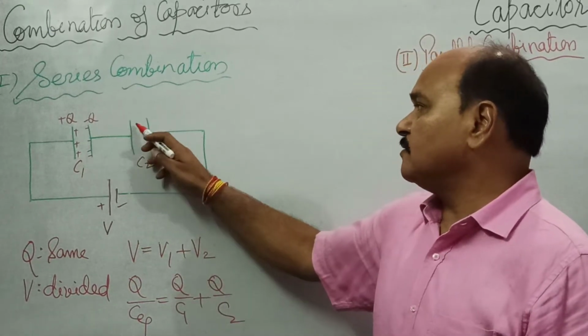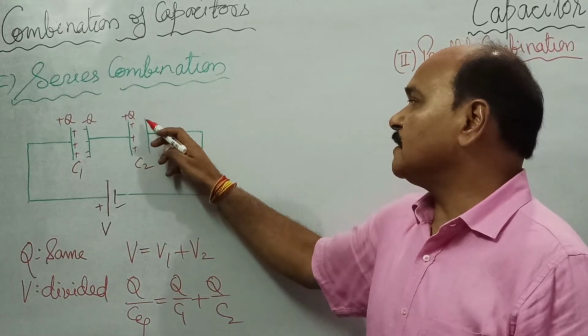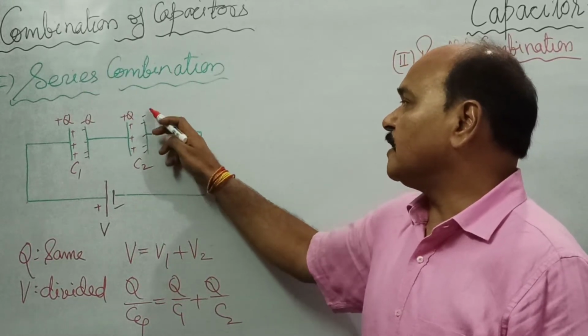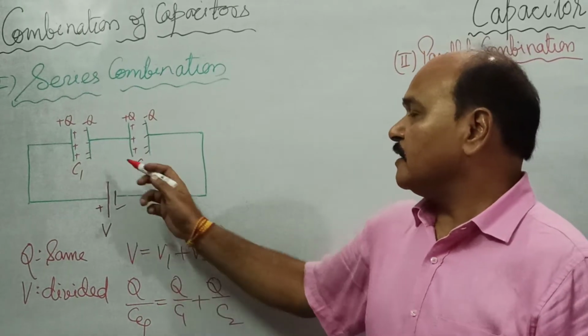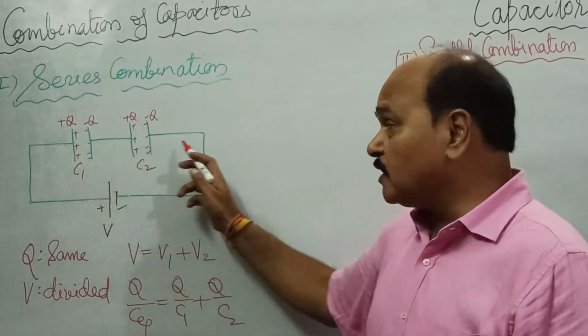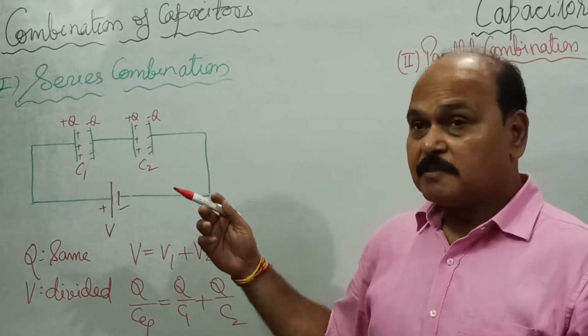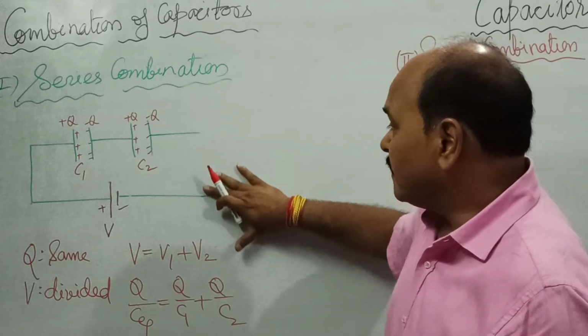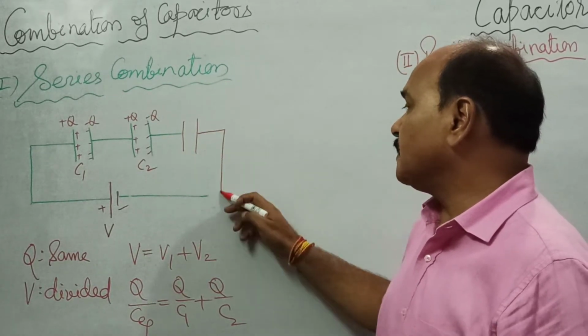If this is minus Q, here the charge will be what? Plus Q, and here the charge is going to be what? Minus Q. So what is happening? Well, the value of charge over all the capacitors connected in series is the same. If there is one more capacitor, even over this capacitor, the charge would remain what?